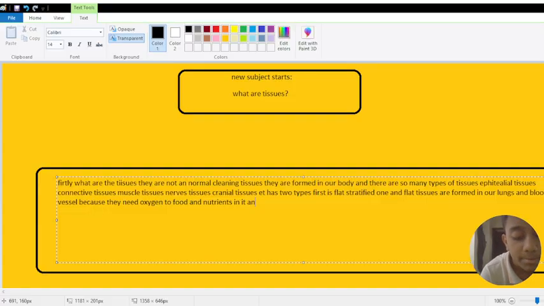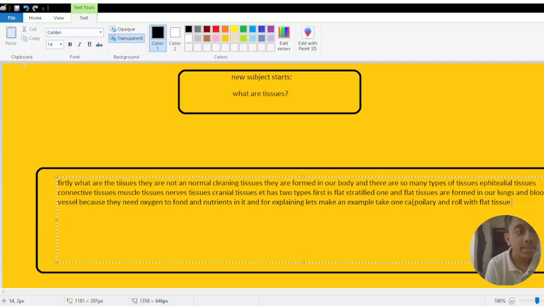And for explaining it, let's make an example: if we take one capillary tube and roll it with flat tissue, you can see there.